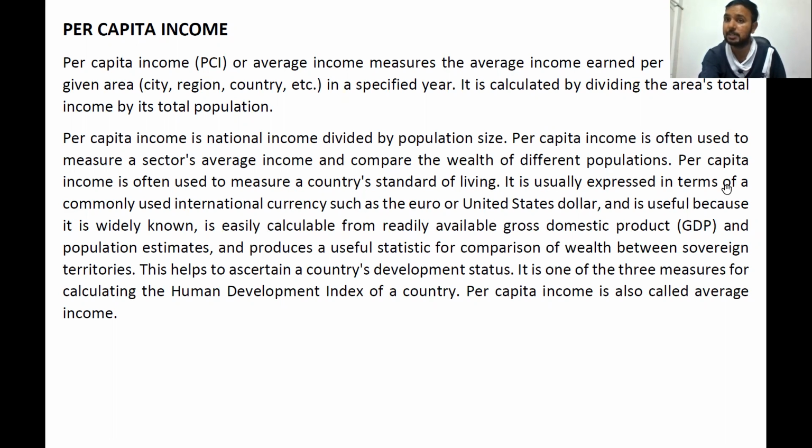It is usually expressed in terms of a commonly used international currency such as the euro or United States dollar, and is useful because it is widely known, is easily calculable from readily available gross domestic product and population estimates, and produces useful statistics for comparison of wealth between sovereign territories. This helps to ascertain the country's development status. It is one of the three measures for calculating the human development index of a country. Per capita income is also called average income.